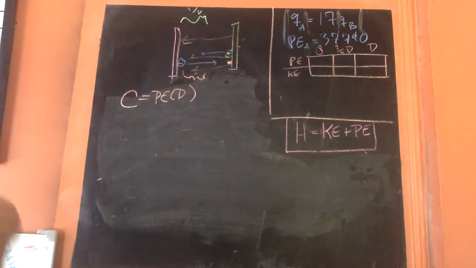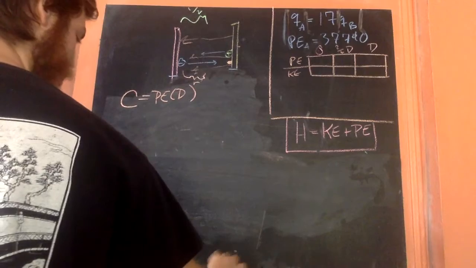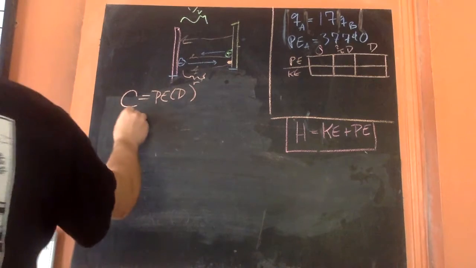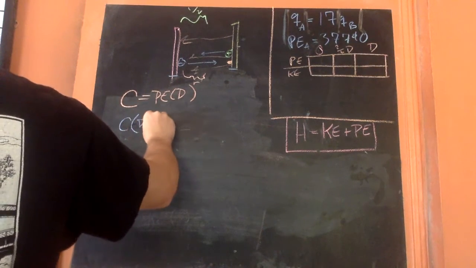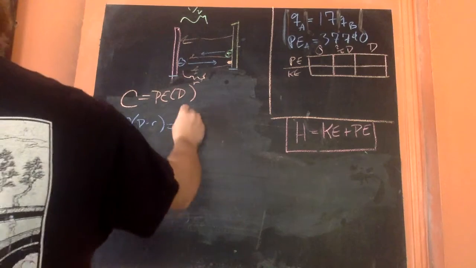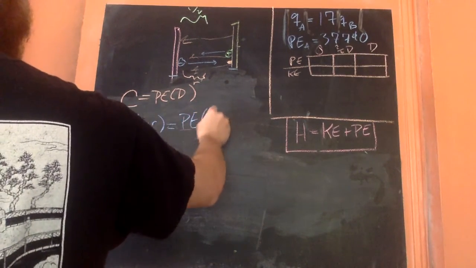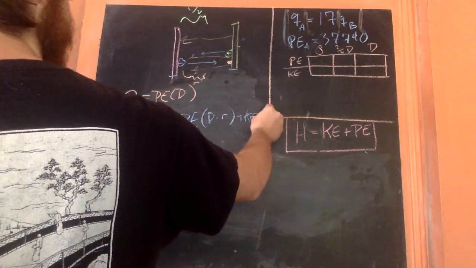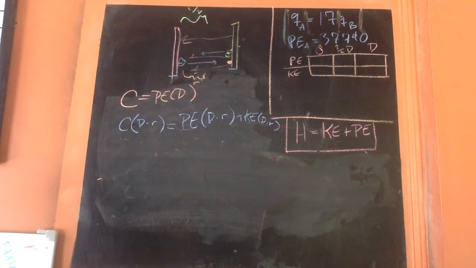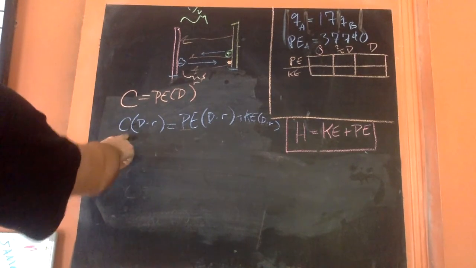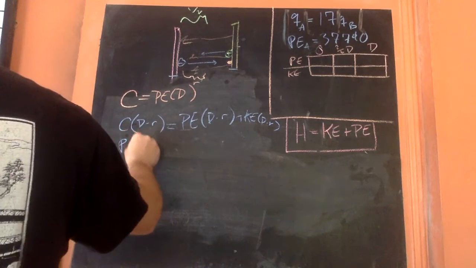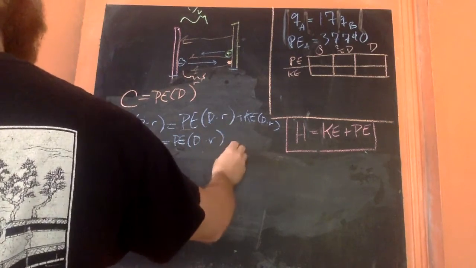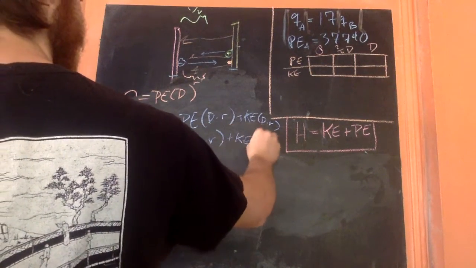So this is a very general form of this. I'm going to write this as r. I'm going to switch colors so we can see what we're doing. So c of d minus r is equal to PE of d minus r plus KE of d minus r. Well, we know that this is actually just a constant, so we get PE of d is equal to PE of d minus r plus KE of d minus r.